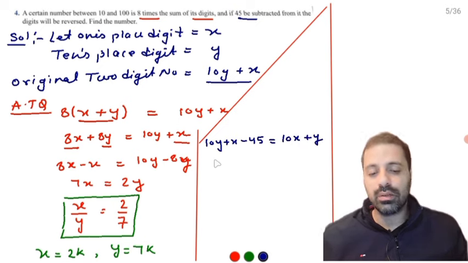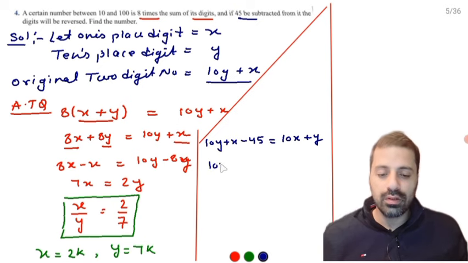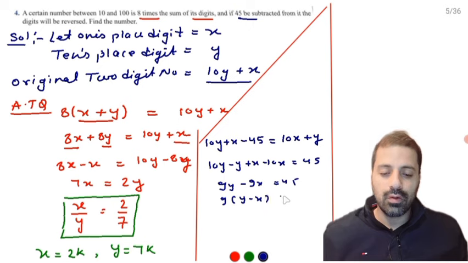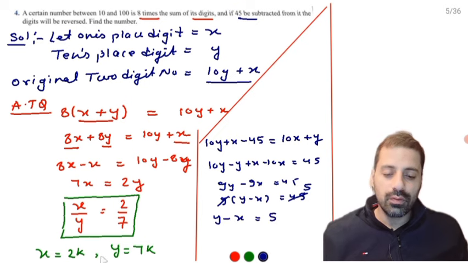Now solve this: we have 10y minus y plus x minus 10x is equal to 45. So from here we have 9y minus 9x is equal to 45. Now 9 times y minus x is equal to 45. This 9 goes into 45 five times. So y minus x is equal to 5.